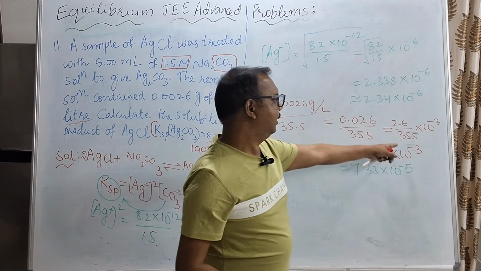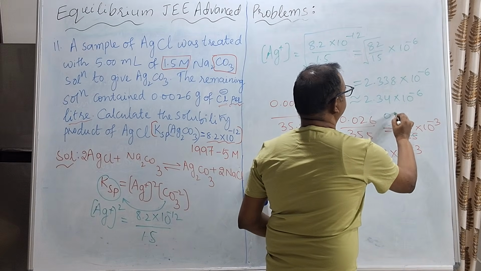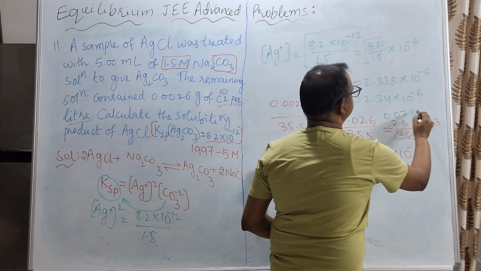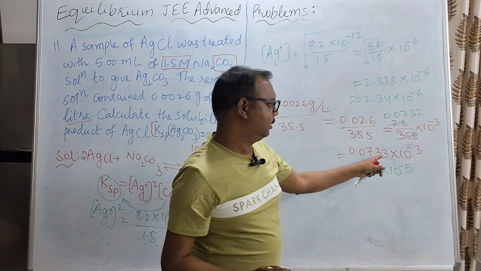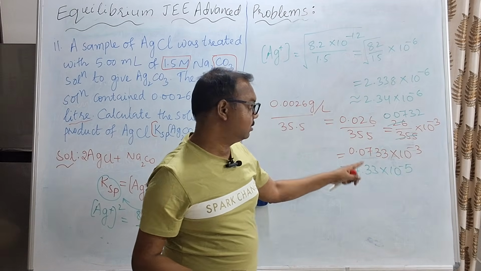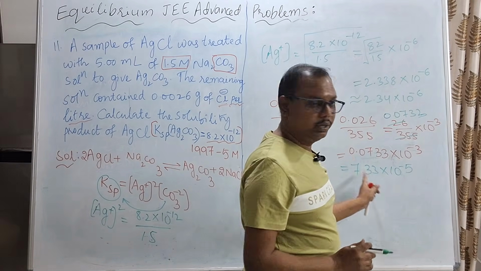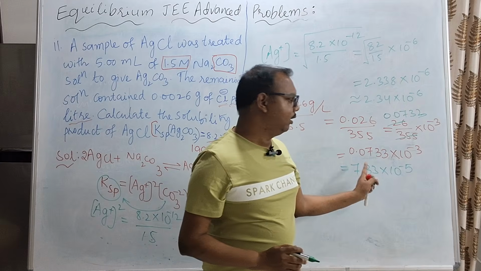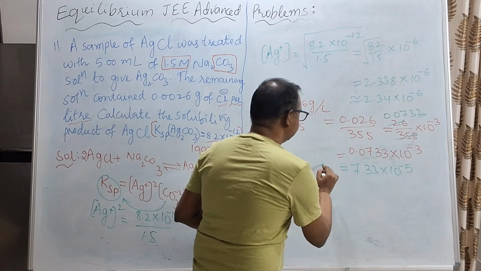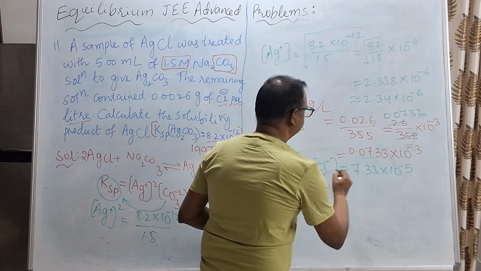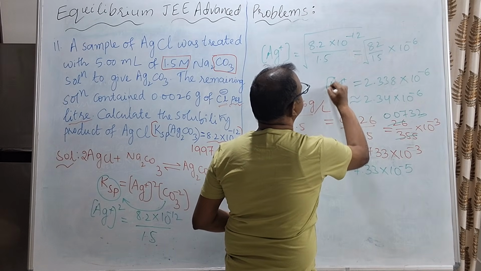If you divide this, approximately 0.0733 you will get into 10 power minus 3. 33 only you can write, no need to worry. You have to express this in scientific notation. Therefore the concentration of Cl minus is 7.33 into 10 power minus 5, and the concentration of Ag plus we got earlier.